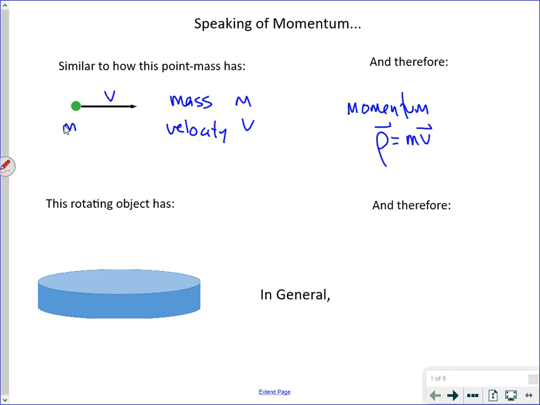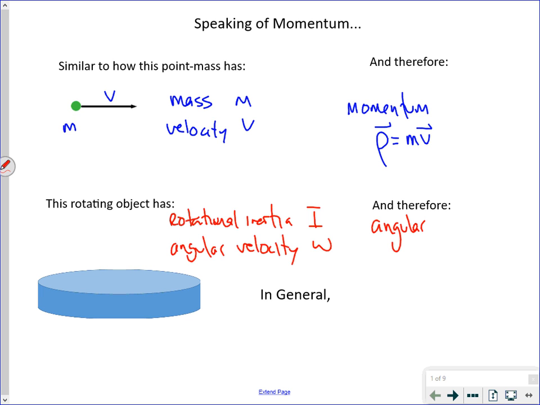So this thing has a rotational inertia I and an angular velocity omega. And therefore, we say that this rotating object has an angular momentum that is defined to be L, the product of I and omega.